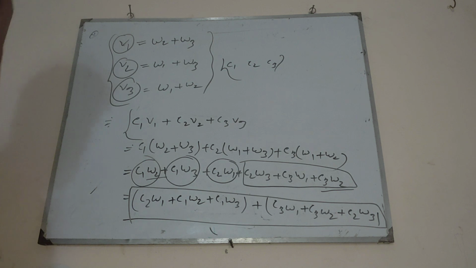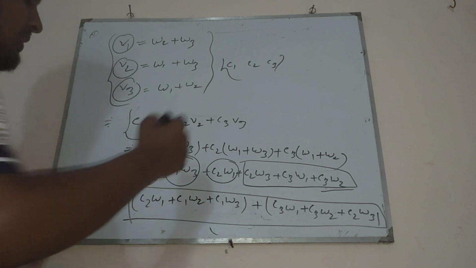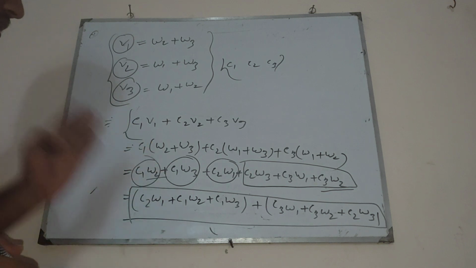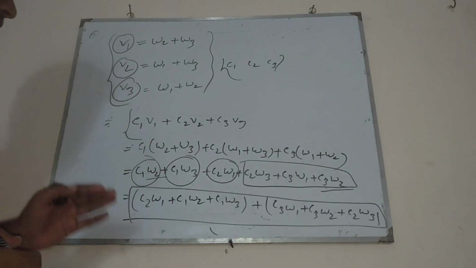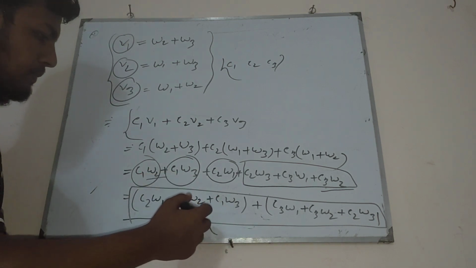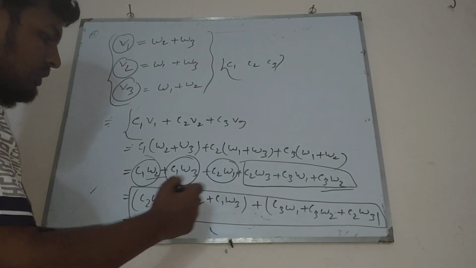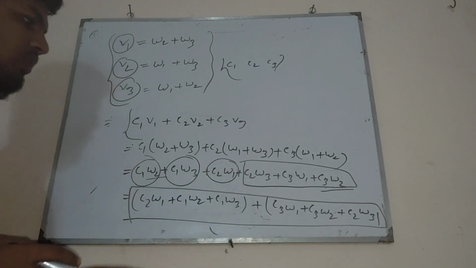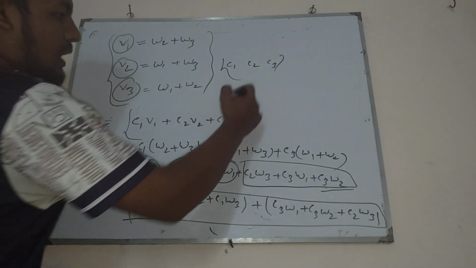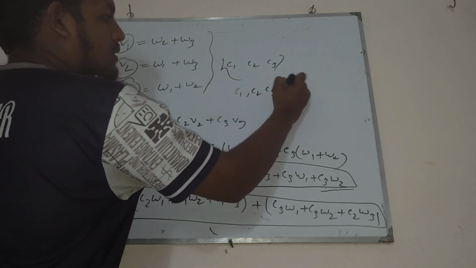Now what we have learned earlier in this problem is that since w1, w2, and w3 are three independent vectors, for any combination of constants with w1, w2, w3, it will not give 0 until we put the coefficients equal to 0.